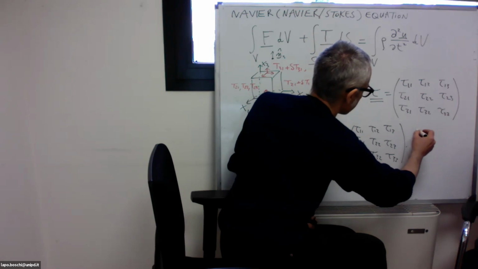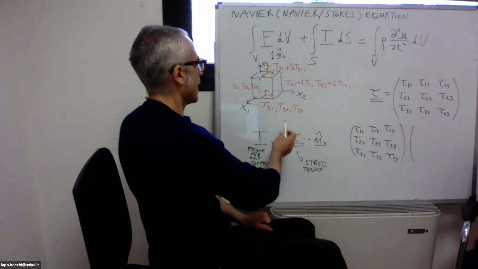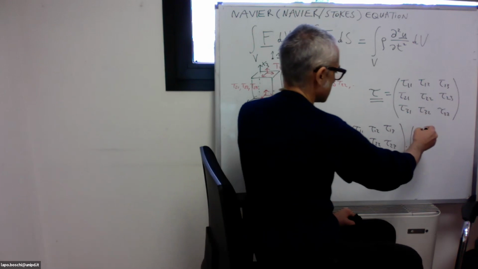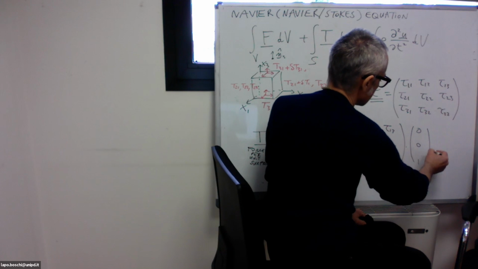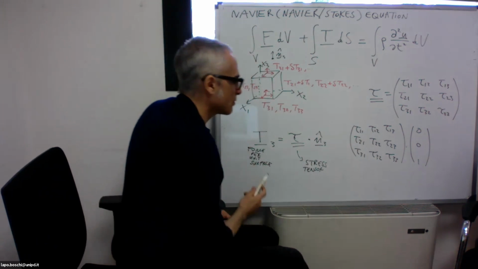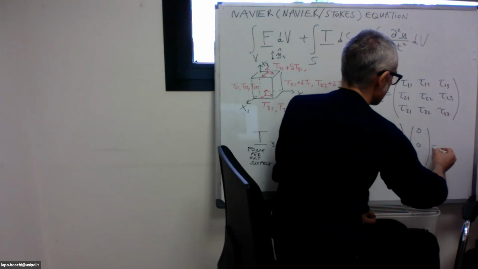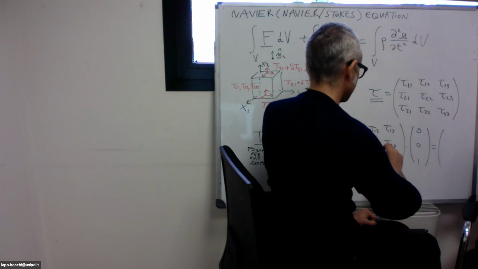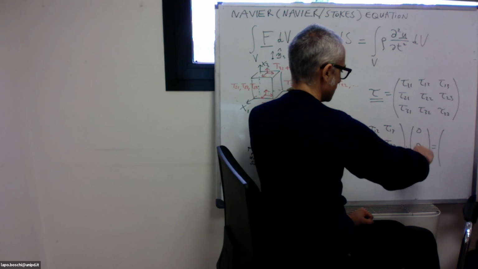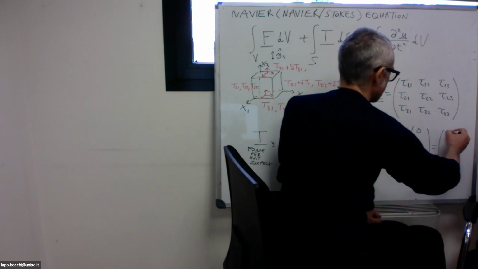For example, if we take n3, it will be 0, 0, 1, because it's a vector that points in the x3 direction, and so this would give me the first line by the only column here.